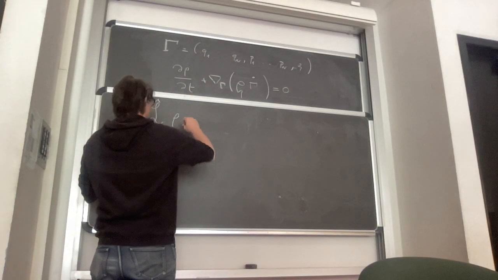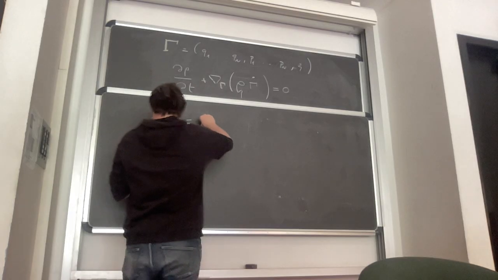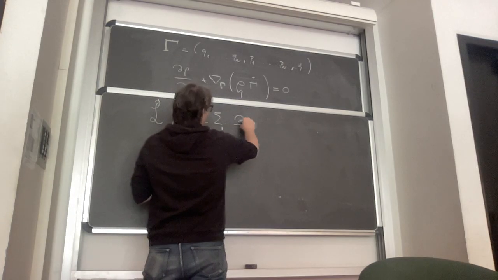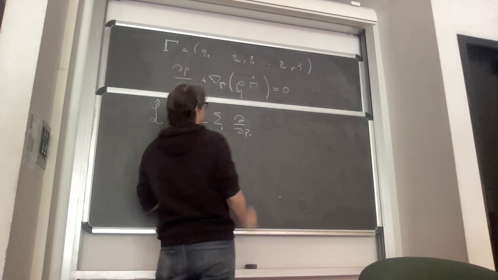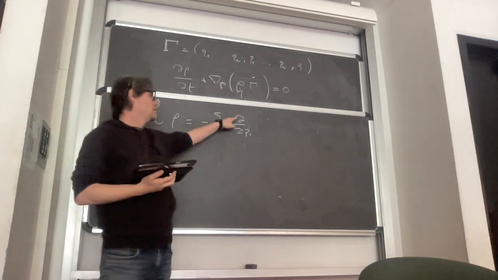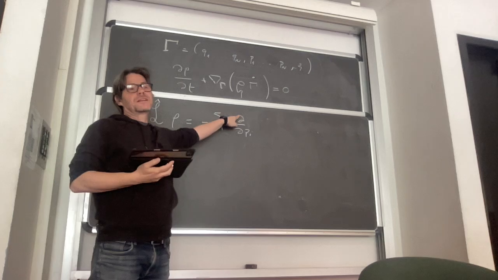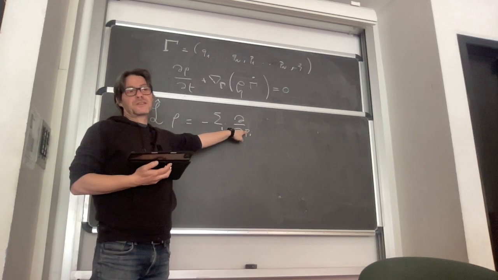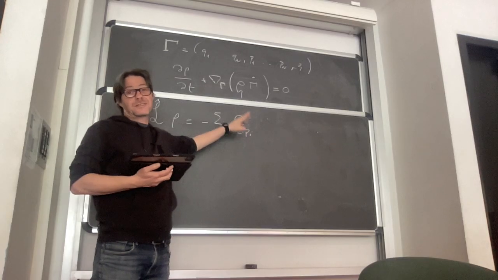Well, this is negative sum over i's d by d pi's, again slightly improperly denoting the derivative with respect to a momentum with a partial derivative notation. This would be a gradient with respect to the pi's coordinates.